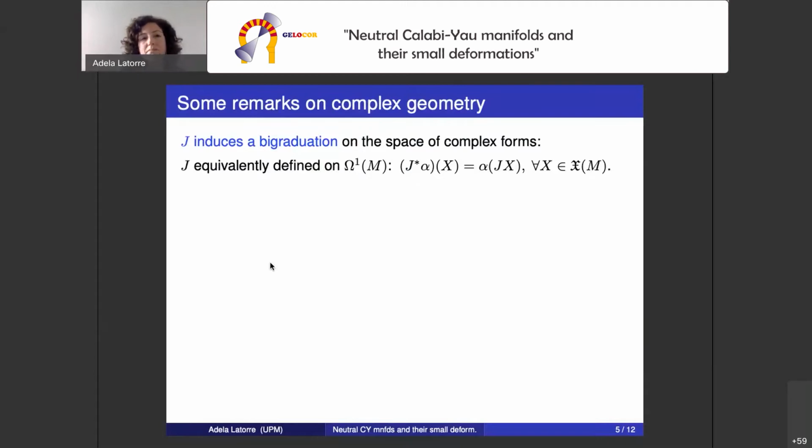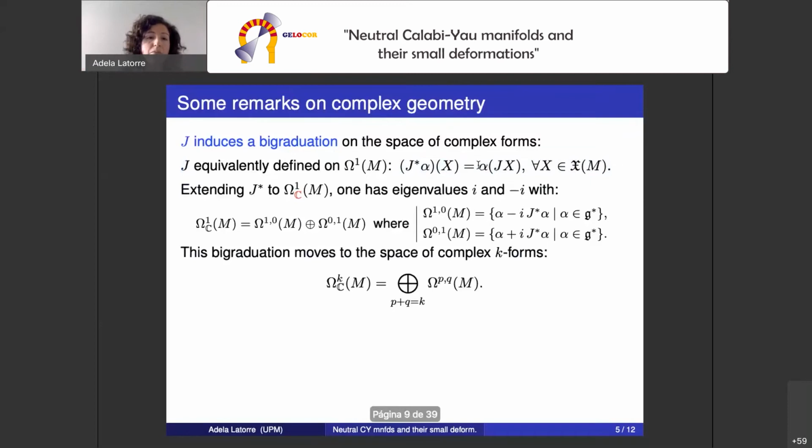So the first remark is that my complex structure induces a bigraduation on the space of complex forms, because this endomorphism on the space of smooth vector fields on the manifold can be equivalently defined on the space of smooth one-forms on the manifold, following this definition here.